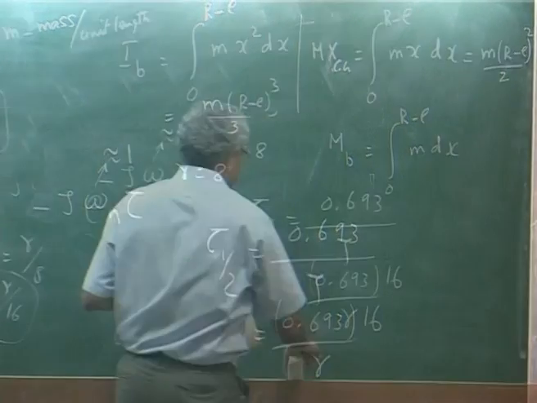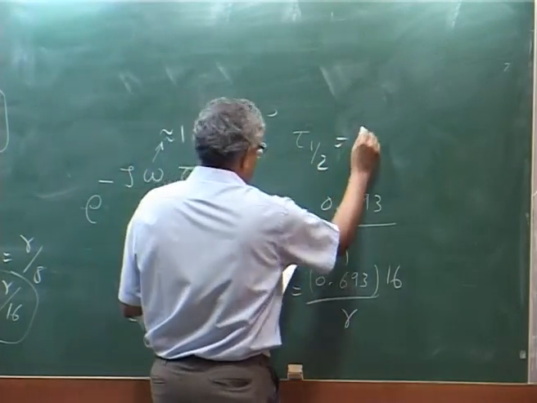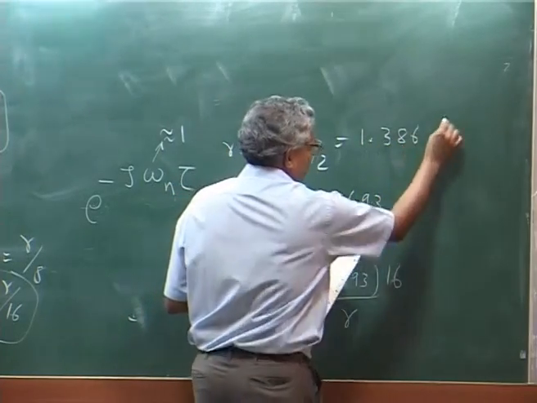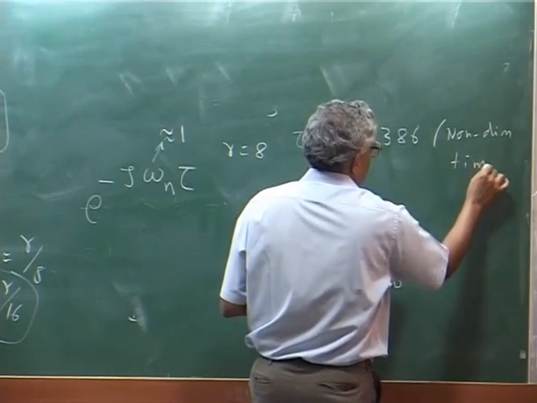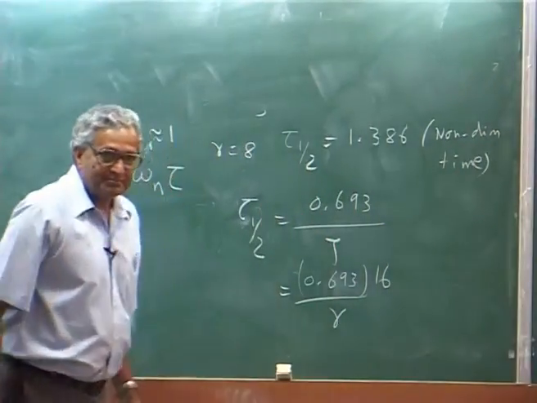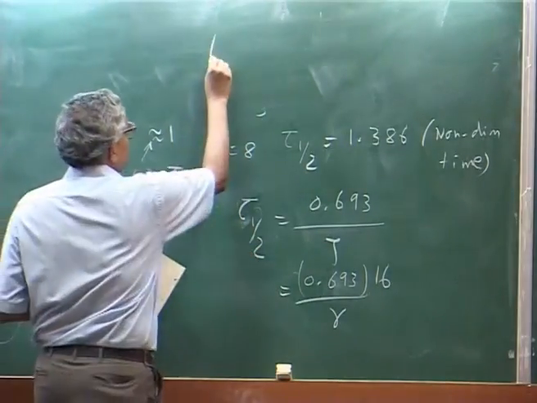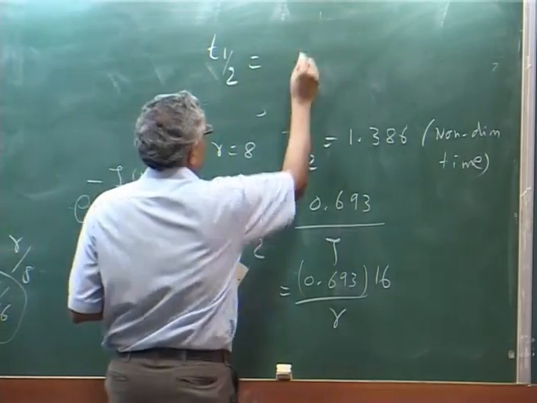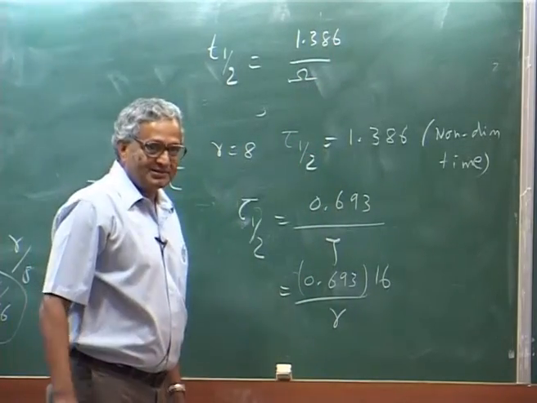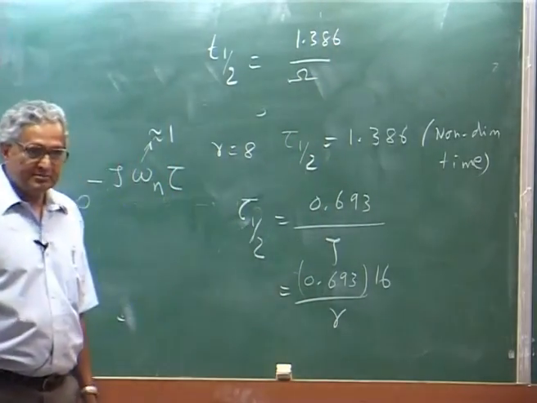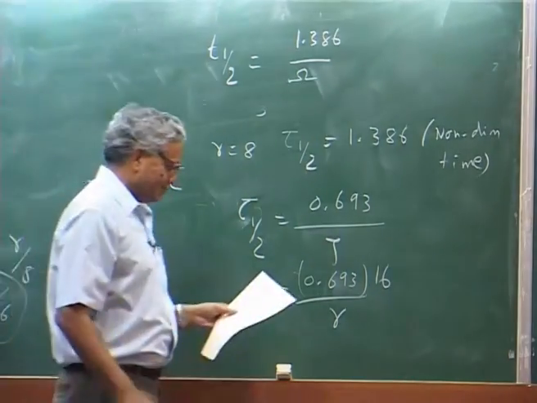The time for half amplitude becomes 1.386, this is non-dimensional time. Now, if you want dimensional time, tau is omega t. So, you will get t is 1.386 over omega. If you take omega as 32 radians per second, which is a reasonably good number.